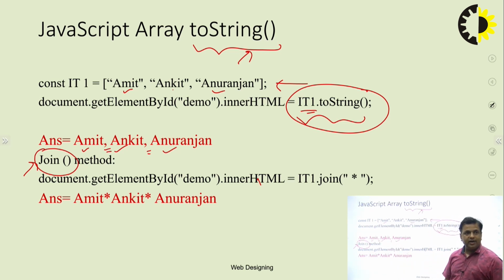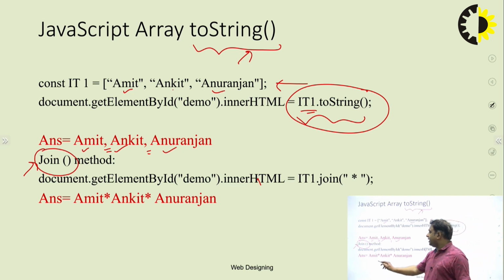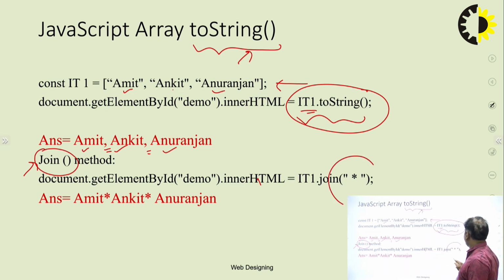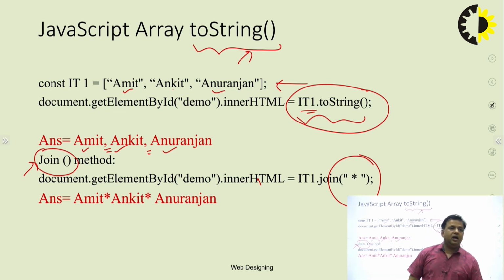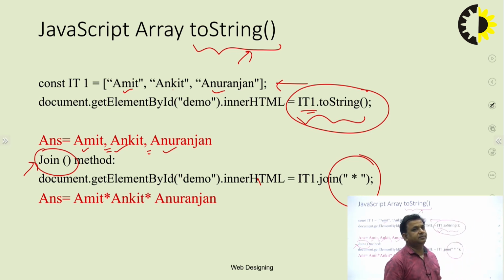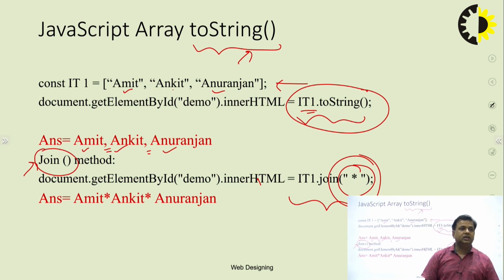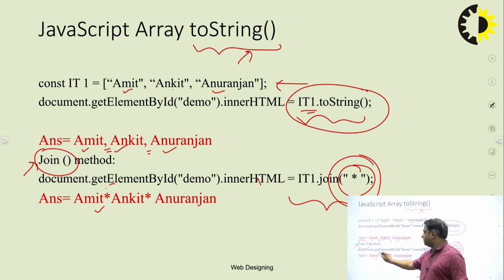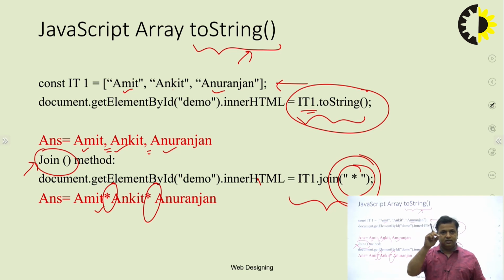But by using the join method, we can insert a particular symbol between two elements. That is it1.join, and this is my asterisk sign. So the return of this join method will be Amit asterisk Ankit asterisk. That means now each pair of elements is separated by the asterisk symbol.